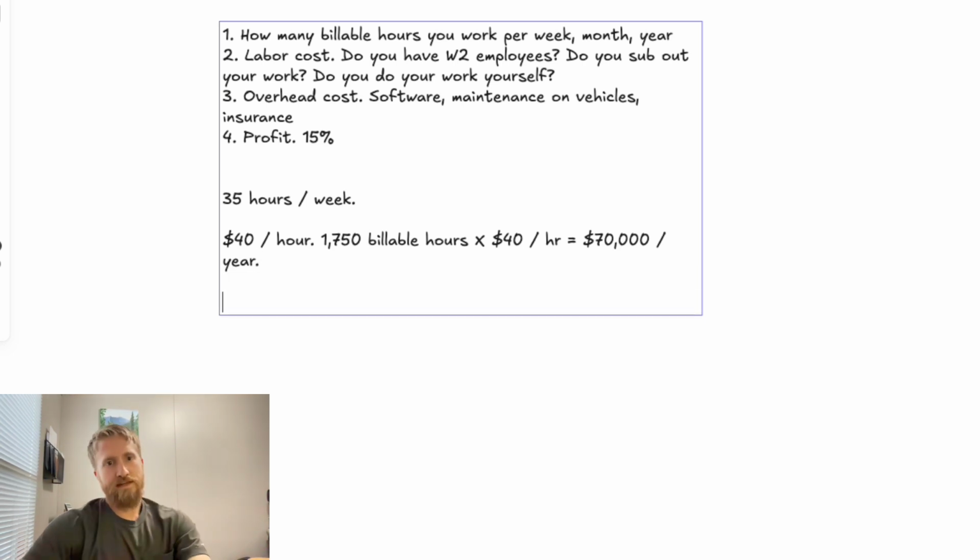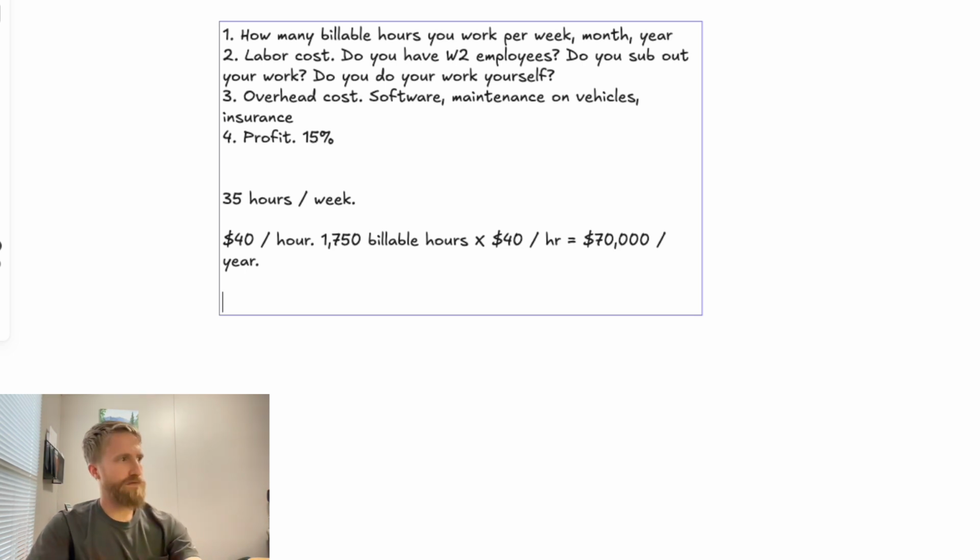So next we can get into calculating your overhead cost. So you'll want to add up any costs like insurance, vehicle maintenance, software, advertising, your CPA if you have one, and basically anything that doesn't fall into that category of labor or materials, your cost of goods sold.